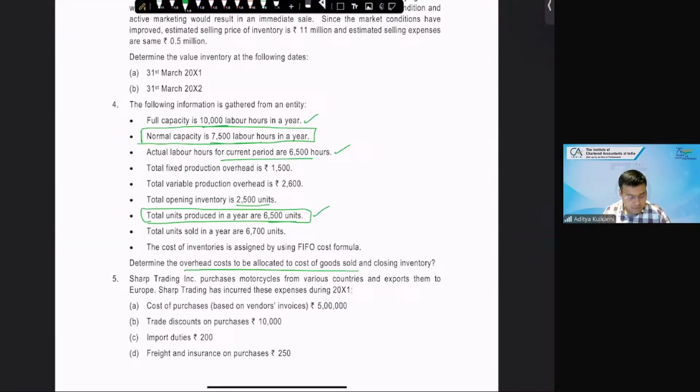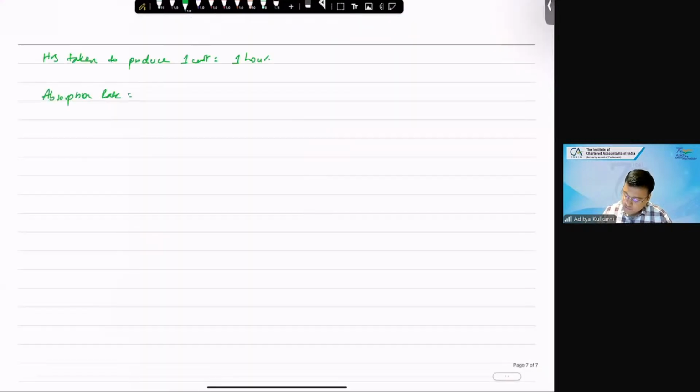Your total fixed production overhead 1,500, normal capacity 7,500. So this is equal to 0.2 per hour. Are we okay with this? Yes. So each hour spent, I will allocate 0.2 rupees of fixed overheads to that.